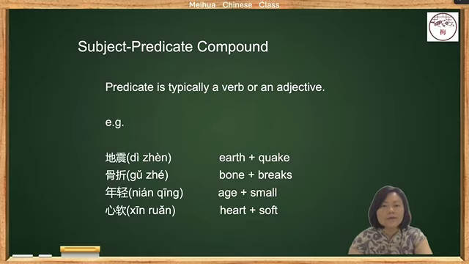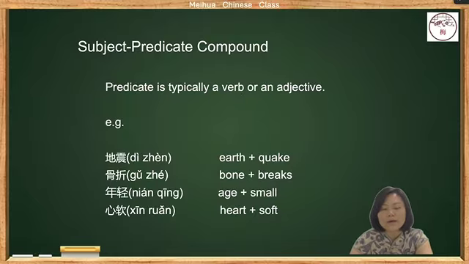Okay, the last one, subject-predicate compound or subject-verb compound. Predicate here is better because it can be a verb, it can also be an adjective. This is different from English. I know, because in English the predicate is usually a verb or be, right?